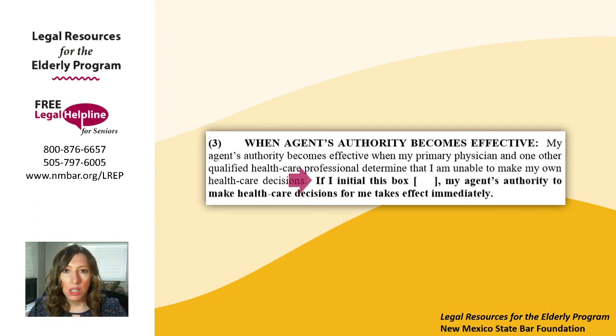However, in this form, if you would like to give your agent immediate authority to make your healthcare decisions, you will want to put your initials in this box, like so. And this would give your agent immediate authority to start acting on your behalf in regards to your healthcare decisions.